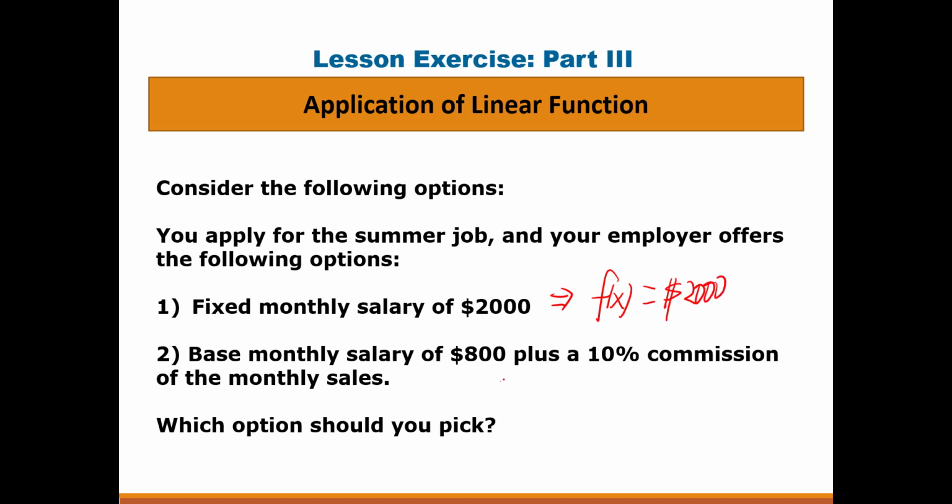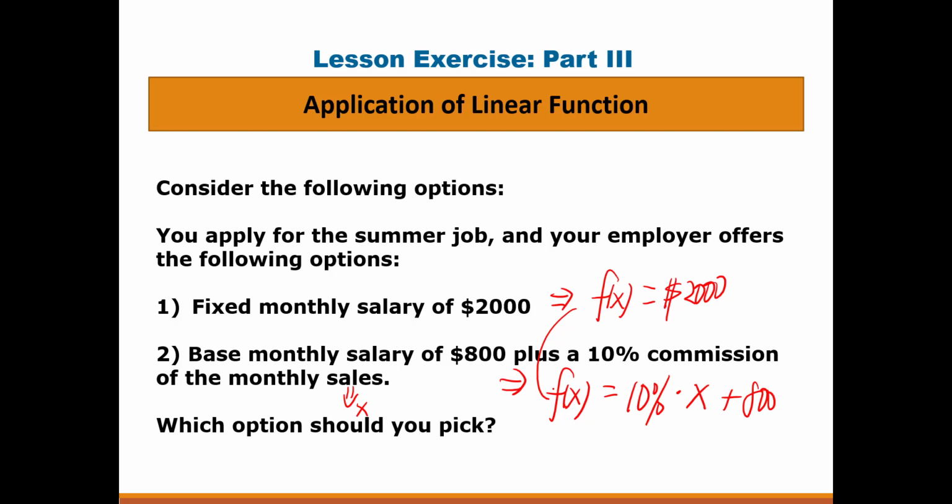For the second option, the monthly salary includes 2 parts. 10% commission, 10% times sales, right? Monthly sales. We assume monthly sales as x. Adding $800. And those are 2 functions we are utilizing to show the monthly salary in the linear model.